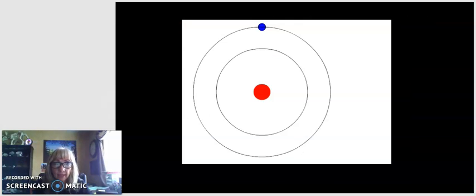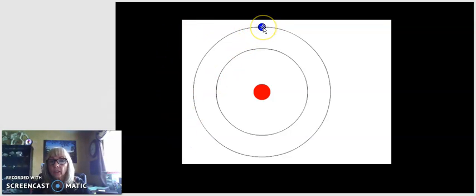So we have an atom. Here's a simple one again. You can see that there are different shells here. So if the electron is up here and it absorbs a photon, it would have more energy because it absorbed the energy of the photon, and this electron would actually move up to a higher shell that we can't see in the drawing.